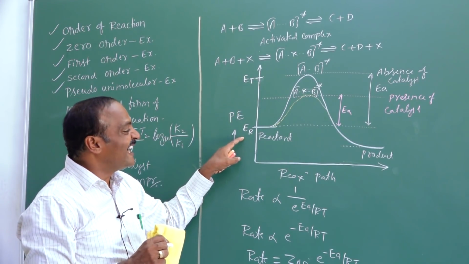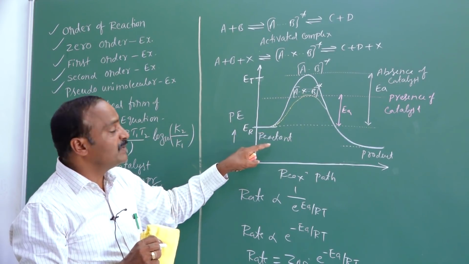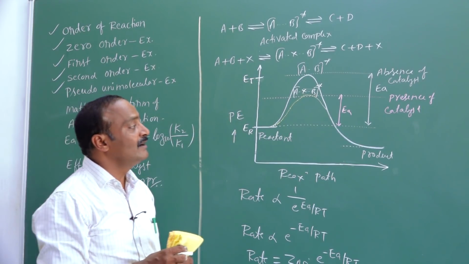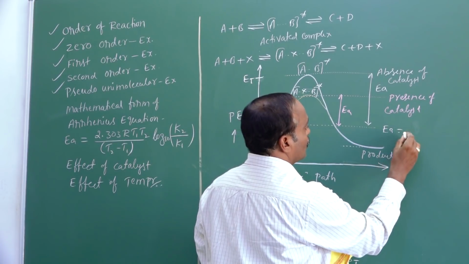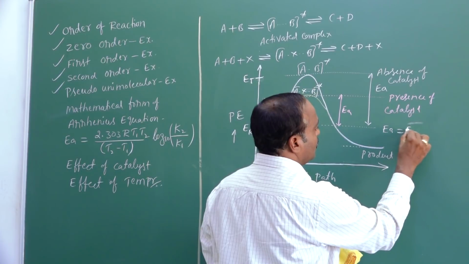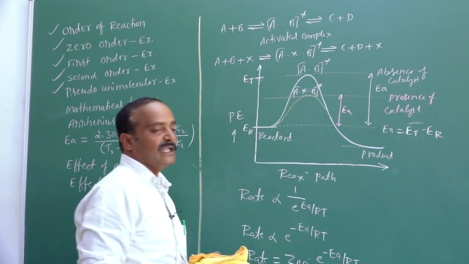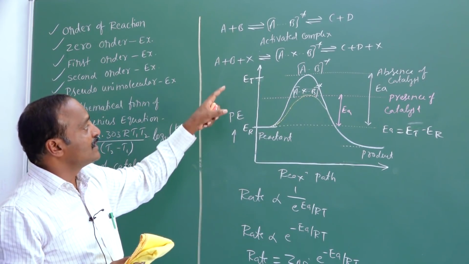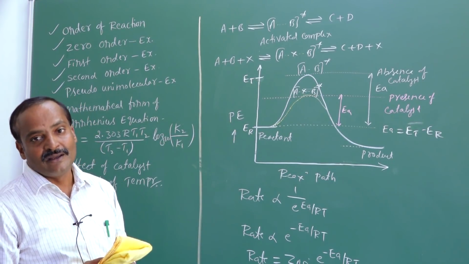This is called normal energy of reactant. The energy difference between threshold energy and normal energy of reactant is called activation energy. That is, EA is equal to ET minus ER.